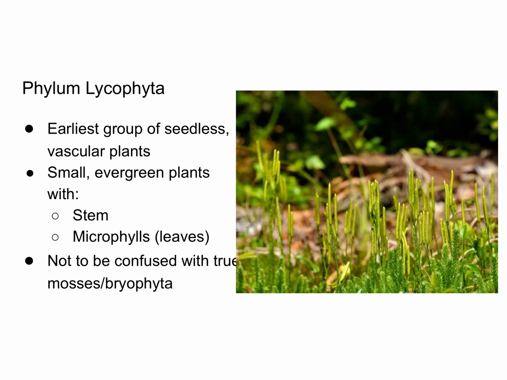The Lycophyta are the earliest group of seedless vascular plants, and they are small evergreen plants with leaves and microphylls. Remember, microphylls are small, and they only contain a single vascular vein. And these are also known as the club mosses.